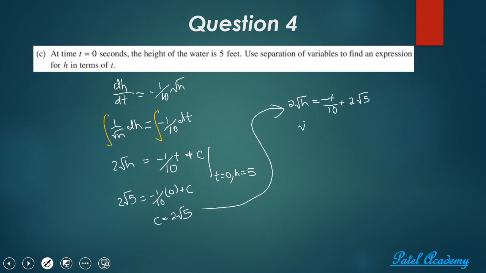And thus, I get root h is equal to negative t over 20 plus root 5. And then h is equal to negative t over 20 plus root 5 all squared. Now you can leave it like that, you don't have to expand it. That's the separation of variables. This is just, do you know how to solve a differential equation?